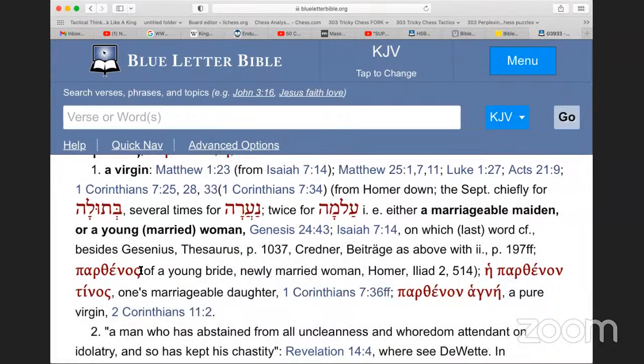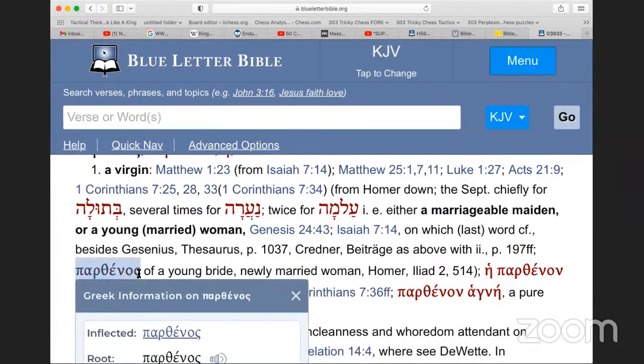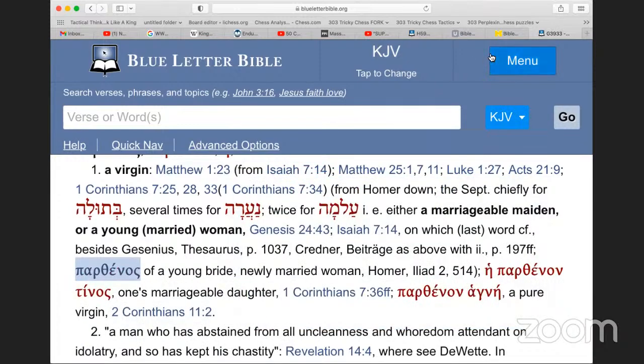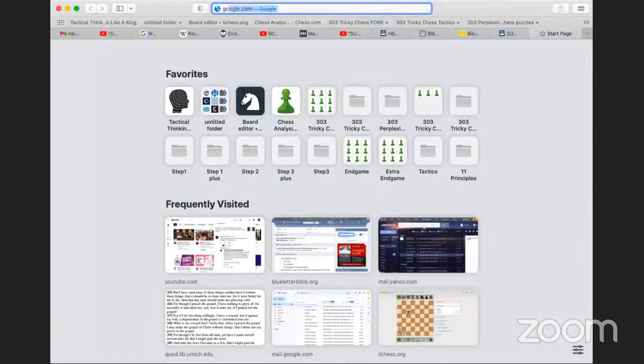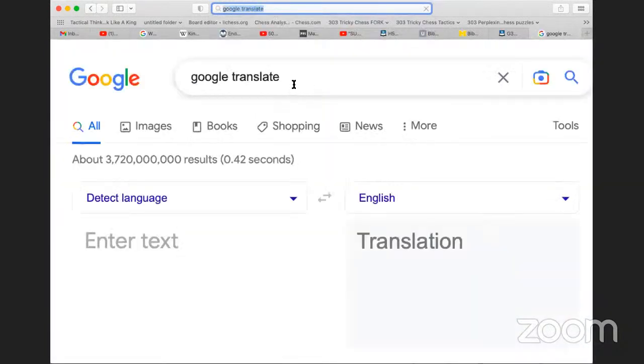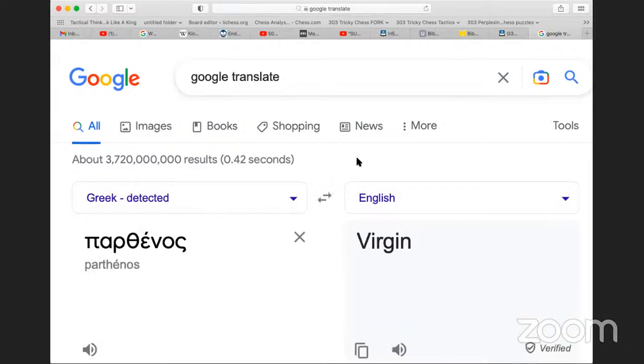So this is the word that scholars believe should have been used as virgin for Isaiah if it was going to be translated in Greek, because the Hebrew is correct. It's alma. So let's do this. I'm just curious what Google Translate is going to say.